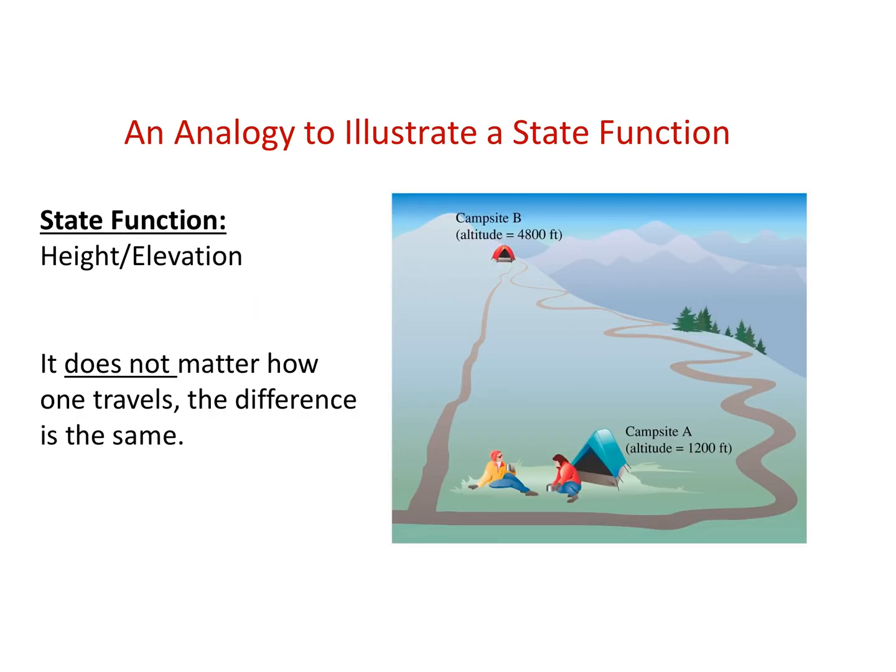An example of a state function is change in height or a change in elevation. A state function is important to understand because it does not matter the process, it just matters the difference from start to end. So it doesn't matter how many steps I took to get from the start to the finish.